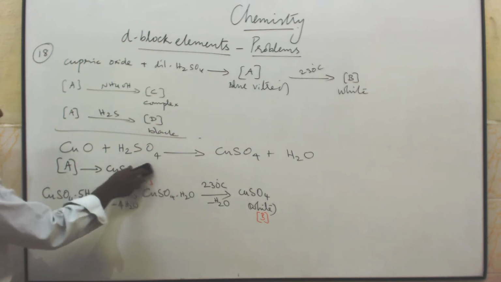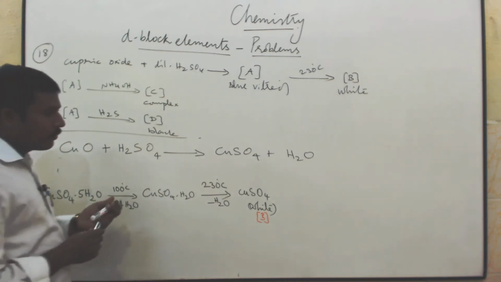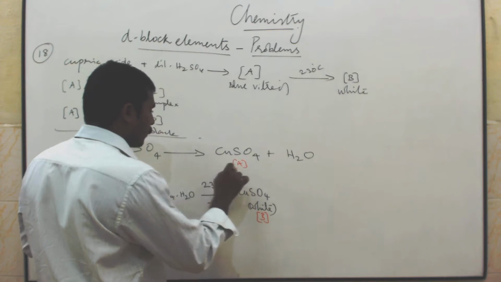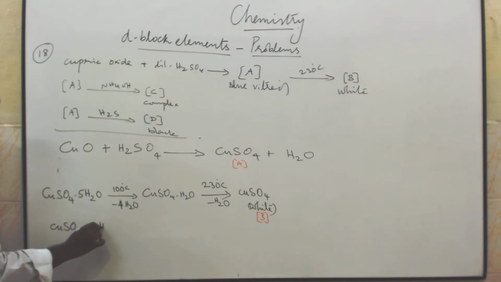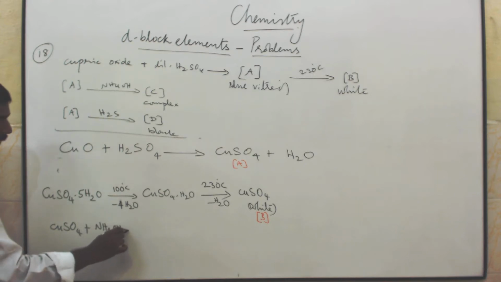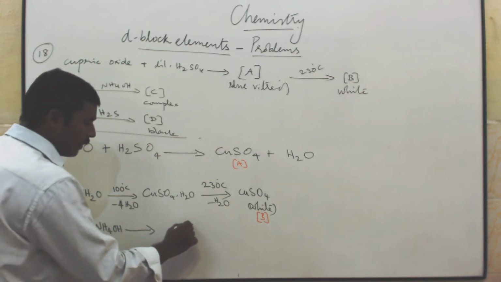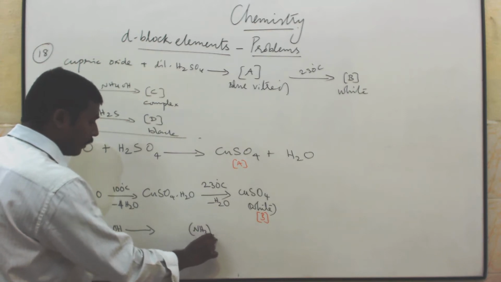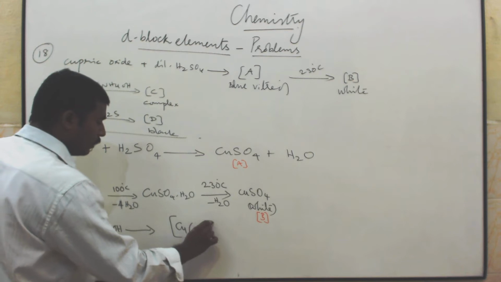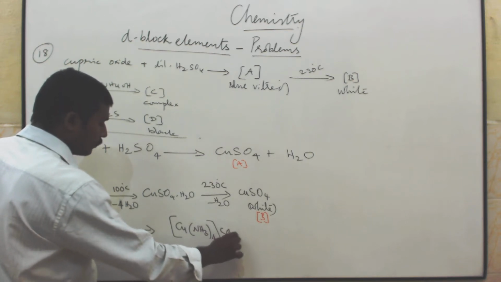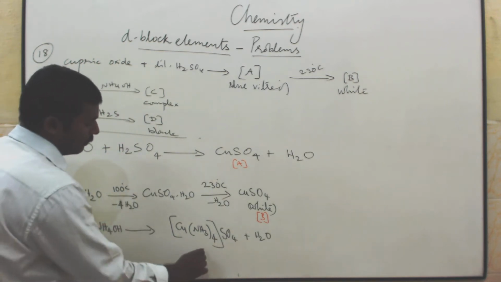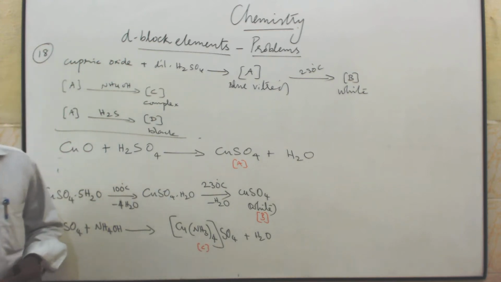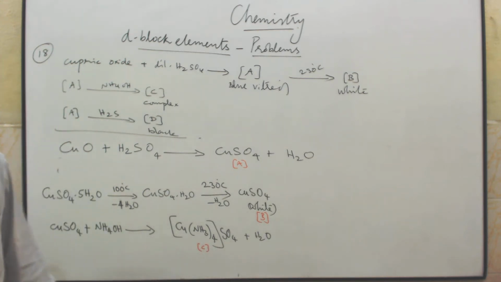Okay, so A, that copper sulfate, reacts with ammonium hydroxide, gives a complex salt, namely tetraamine copper 2 sulfate, which is compound C. Tetraamine copper 2 sulfate is compound C.